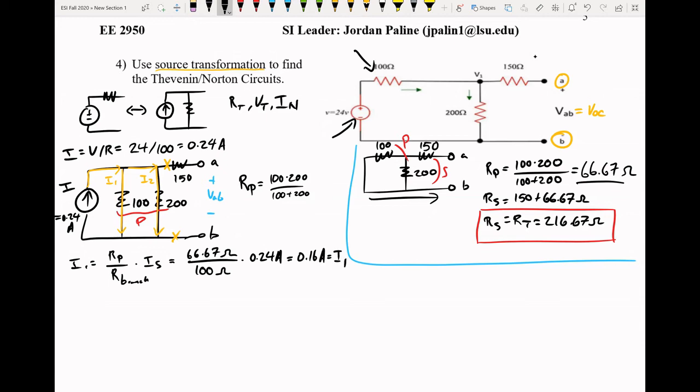And we have the option of either doing the current summation, or we can do another current division. If we did I2, R parallel over R branch times I of S, we already determined 66.67 ohms over 200 ohms times 0.24 amps.